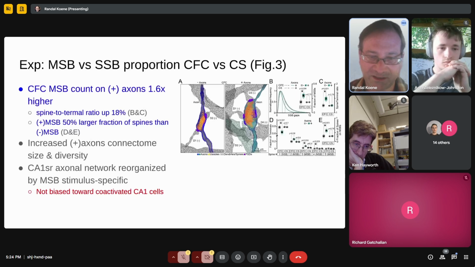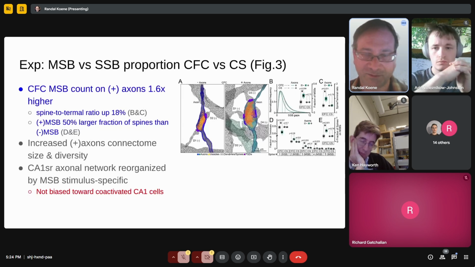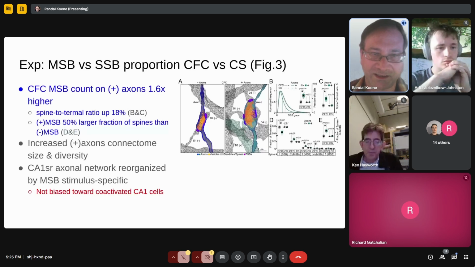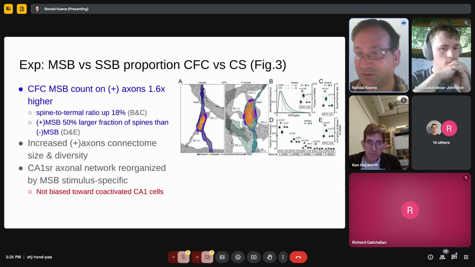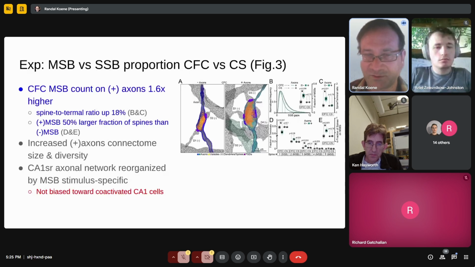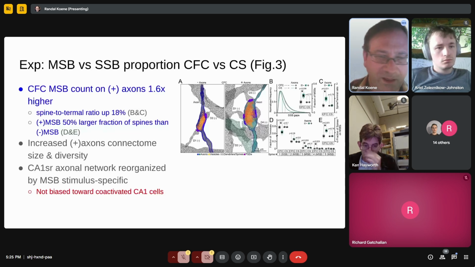26% of the plus MSBs contacted more than 2 spines, representing a 2.4-fold increase from the 11% in their minus controls. This increased the size and diversity of connectomes of the plus axons, and they supported this with quantification of separate dendritic branches receiving inputs from each terminal, fractions of compound synapses formed by Schaffer collateral fibers onto neighboring spines on the same dendrite, and average numbers of different dendrites whose spines are contacted by each multisynaptic bouton.